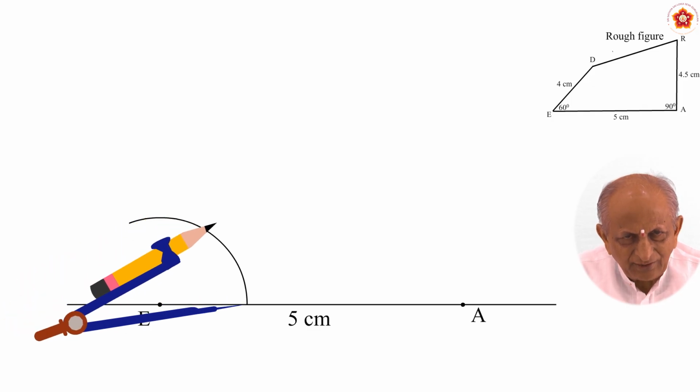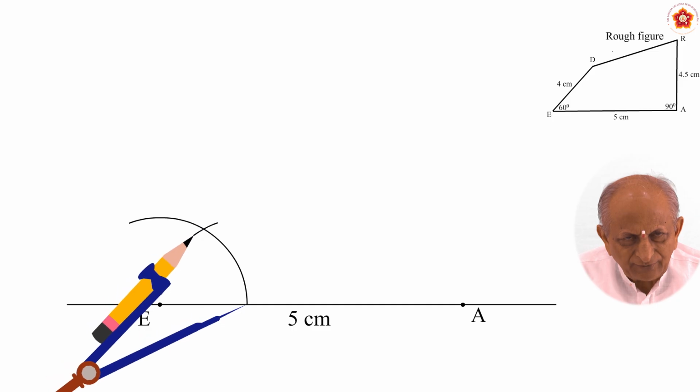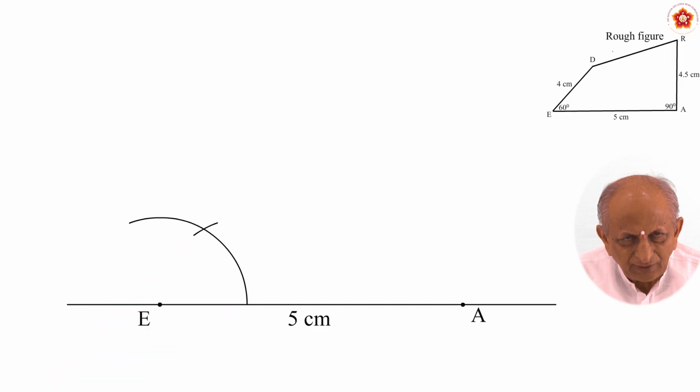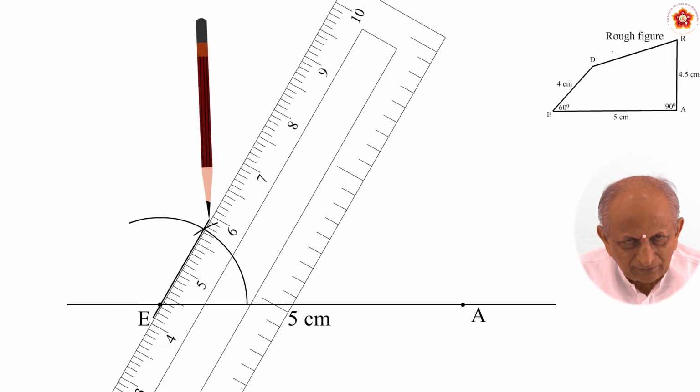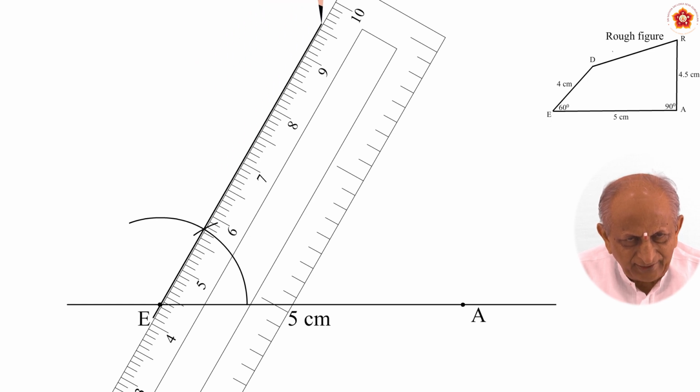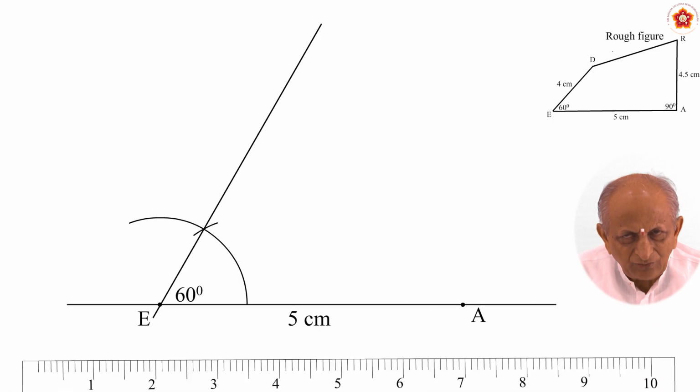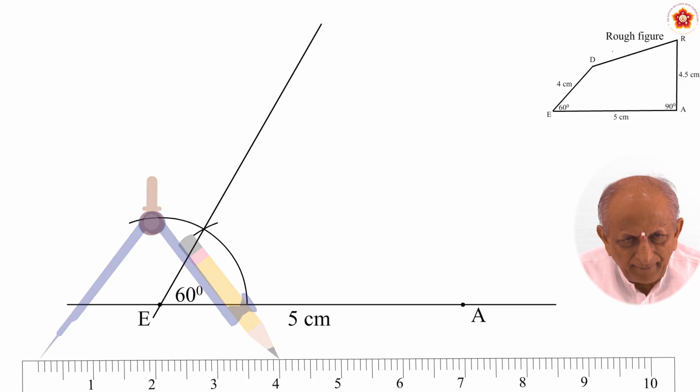You already studied it. So draw an arc of convenient radius. With the same radius, cut off an arc. This angle will be 60 degrees. Write it there. And now you have to draw a perpendicular line at A. So bring the compass.